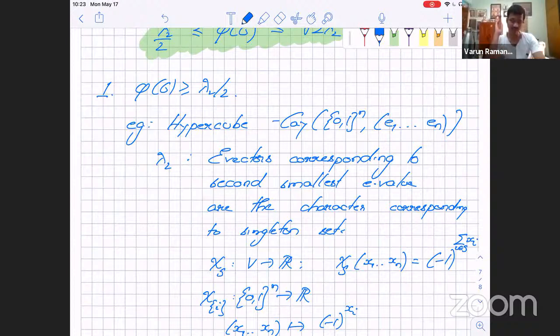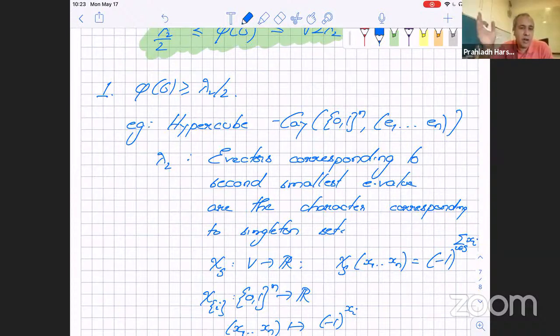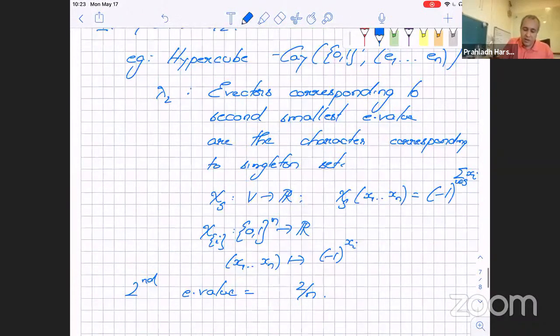They're just slicing the cube in half. You take a particular coordinate i, put everything with xi equal to 0 on one side and xi equal to 1 on the other. Yes, exactly. These happen to be the smallest cuts, and they are called the dictator cuts.